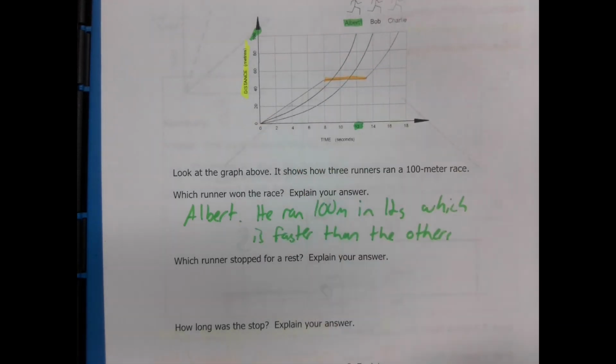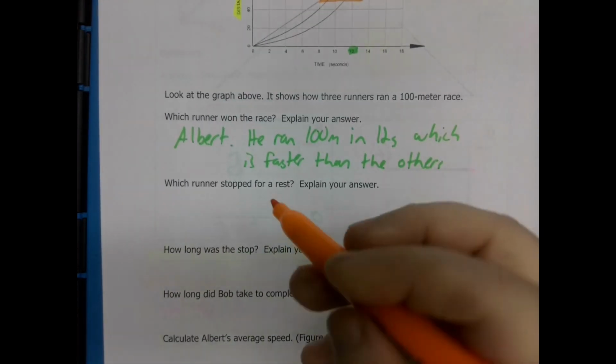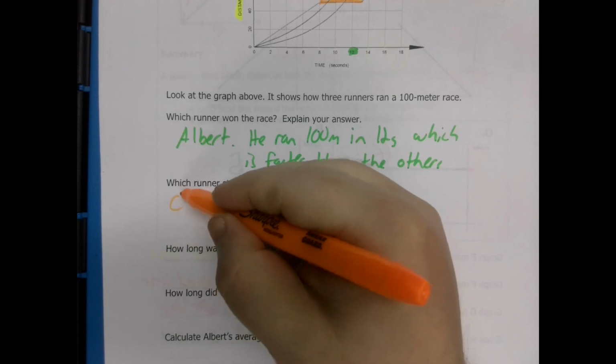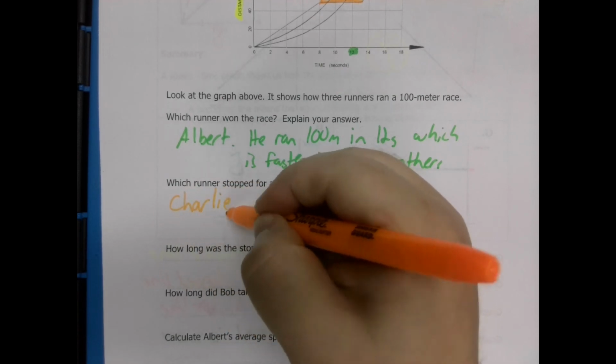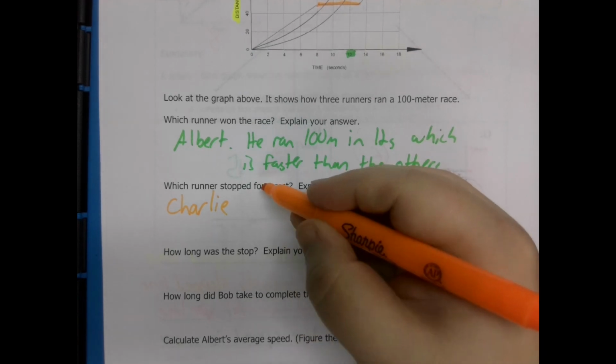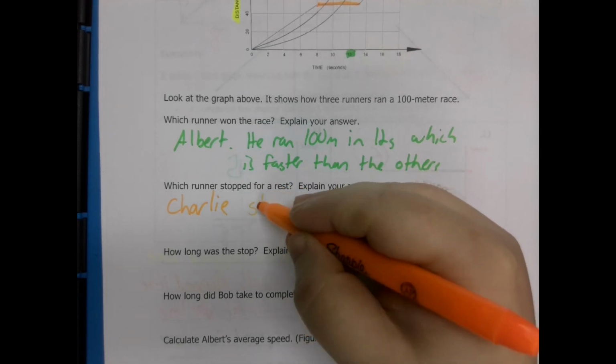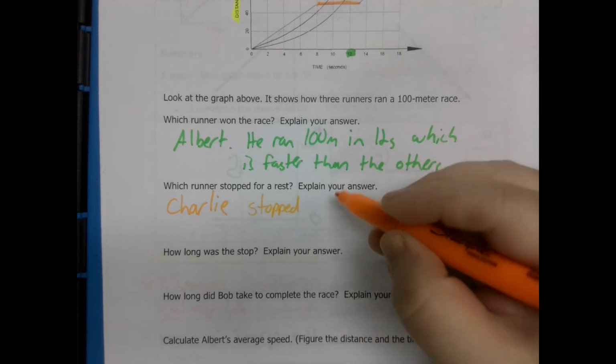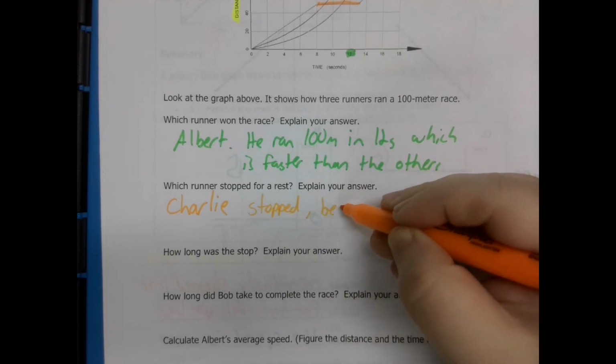His distance isn't changing during that period. So, Charlie stopped because we see a flat line.